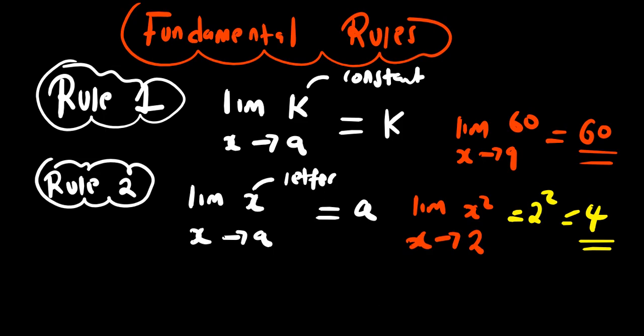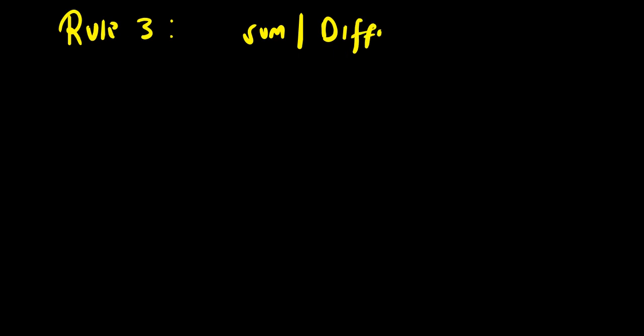Now, what are you going to do when you're adding and subtracting limits? So rule number 3: what if now you're finding the sum or the difference of a limit? How are you going to do that?